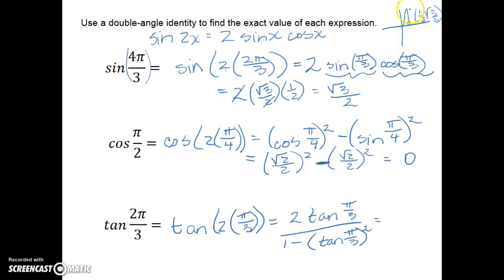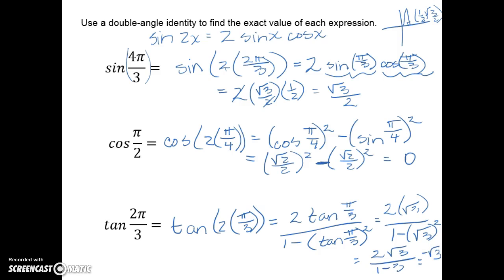So right back here, here's pi over 3. Tangent is square root of 3. So 2 times the square root of 3 over 1 minus the square root of 3 squared. So that is 2 square root of 3 over 1 minus 3. So that is 2 root 3 over negative 2. So that's going to be negative square root of 3.